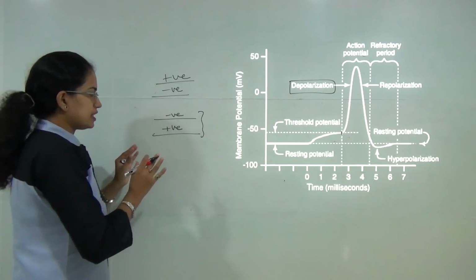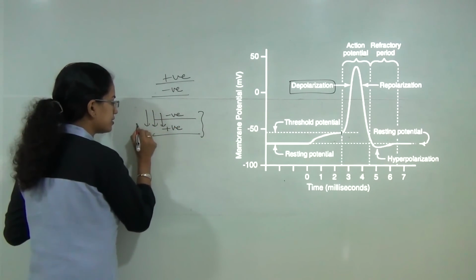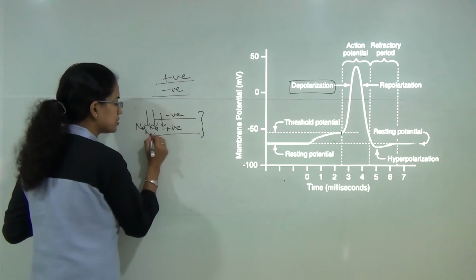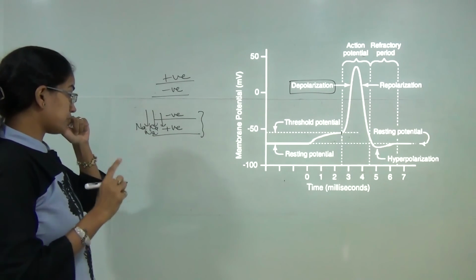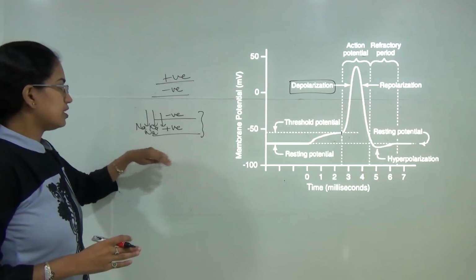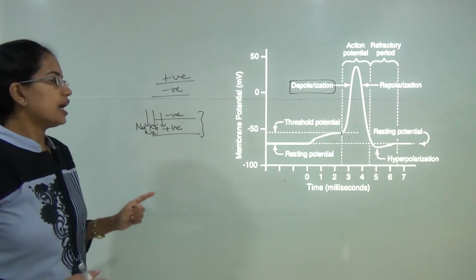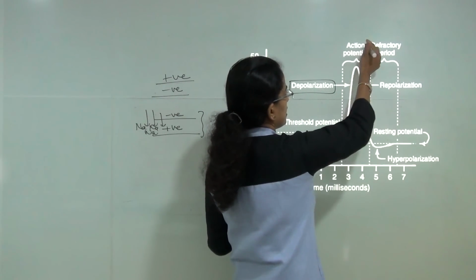So a lot of sodium particles would move inside, numerous sodium. As a result, inside would have a positive potential as compared to outside, and this is the stage we call depolarization under action potential.